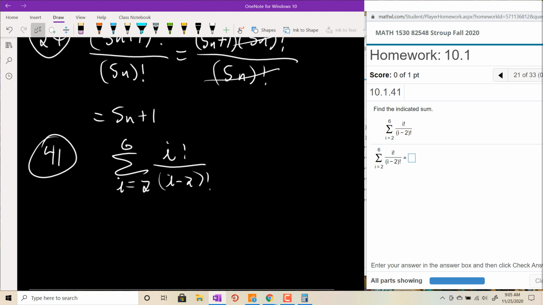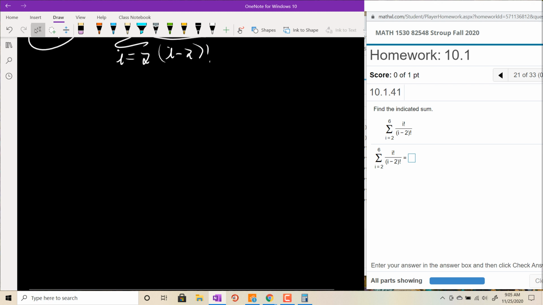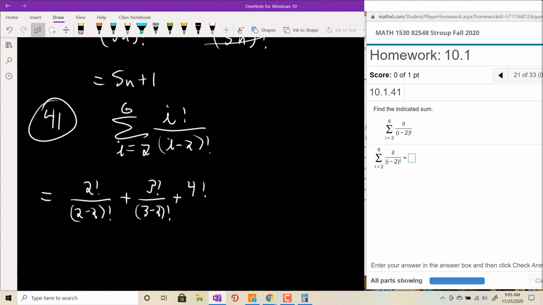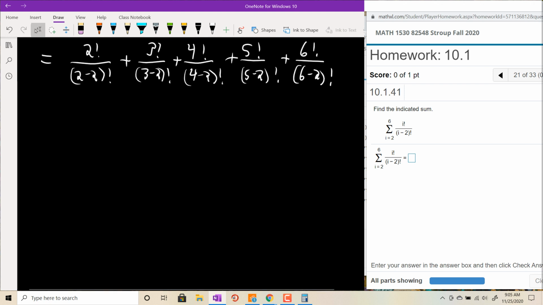This will equal, starting at i equals 2, 2 factorial all over (2 - 2) factorial, plus i equals 3, so 3 factorial all over (3 - 2) factorial, plus i equals 4, 4 factorial all over (4 - 2) factorial, and then i equals 5, 5 factorial all over (5 - 2) factorial, and then i equals 6, 6 factorial all over (6 - 2) factorial. Okay. And then simplify all this jazz.